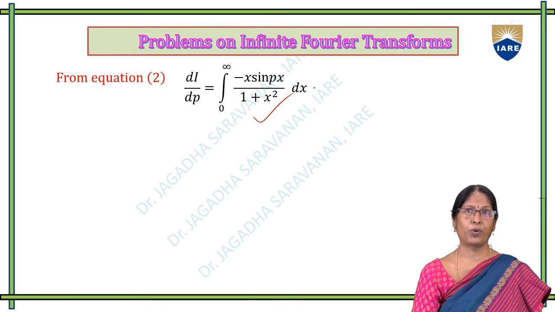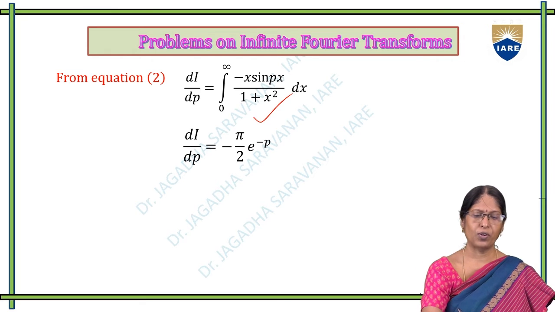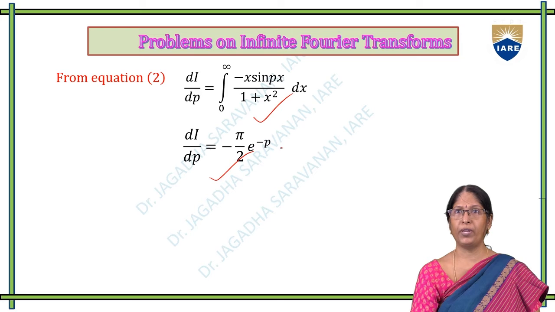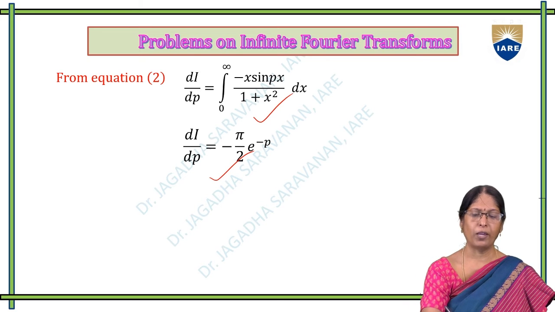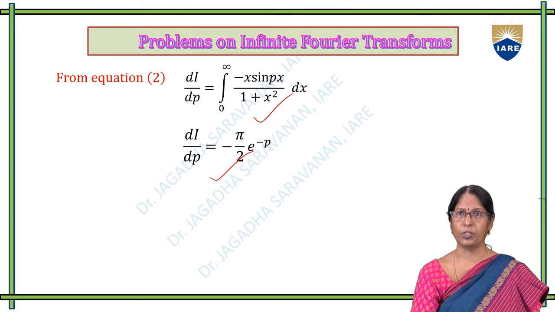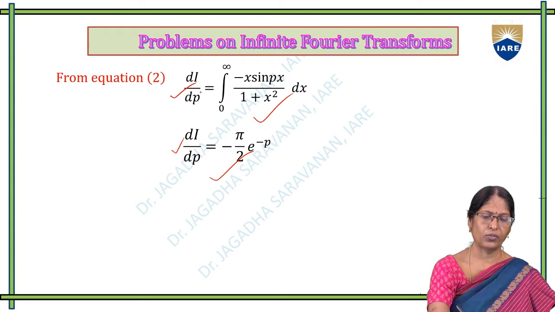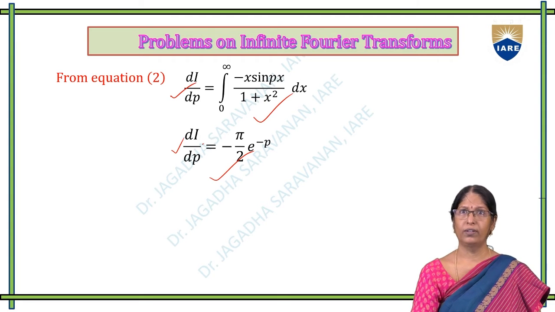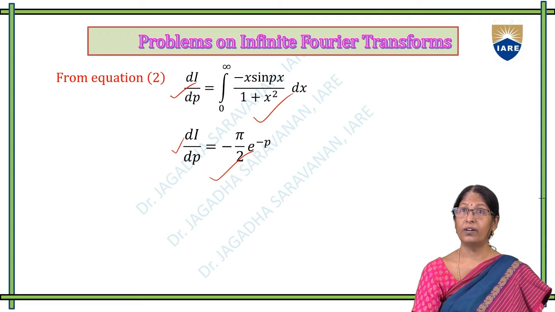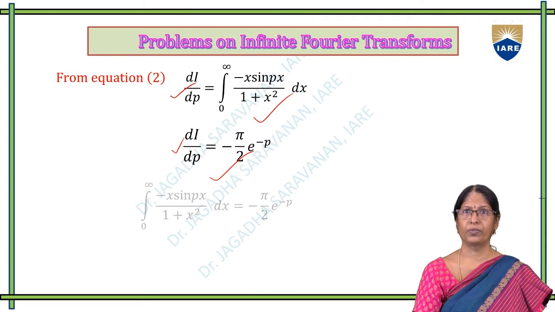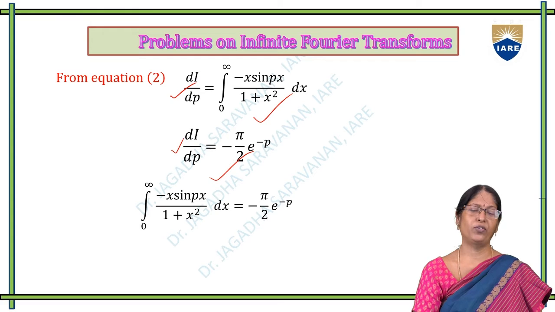From the start of the problem, what we just now got is dI by dp equal to minus pi by 2 e power minus p. So both left sides are equal, so we can equate the right-side terms. So we are equating the right-side terms.